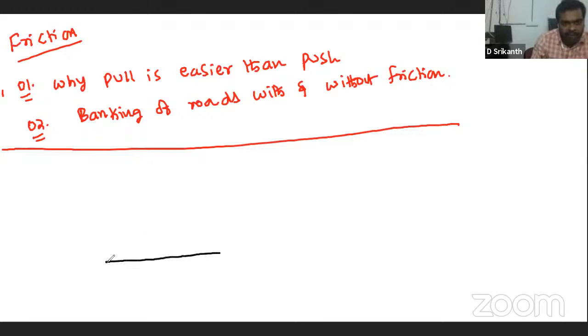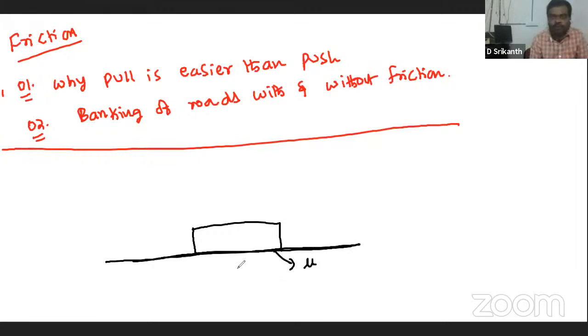We have a block placed on a horizontal surface, which is a rough surface having a coefficient of friction mu. I have an object of mass m. Now here we have a pulling force.